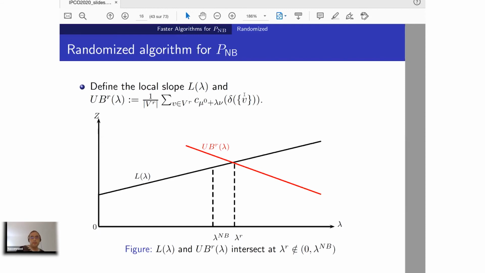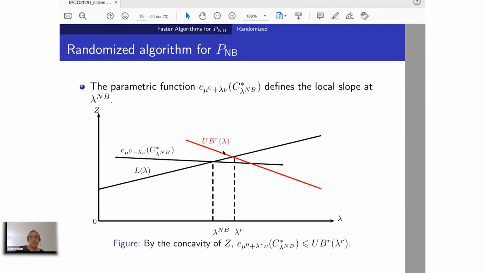And we will be interested in the intersection of the black and red lines. In fact, since any cut in the contracted graph corresponds to a cut in the original graph, this intersection point lambda r of the local slope and the upper bound cannot be between 0 and the unknown next breakpoint. So lambda r is again an upper bound of the unknown next breakpoint.